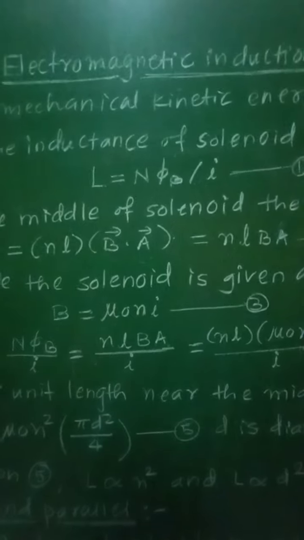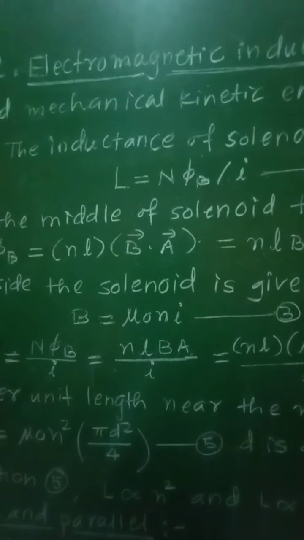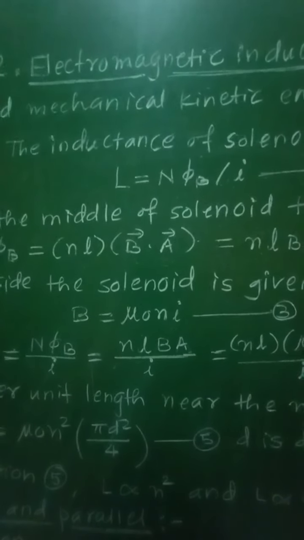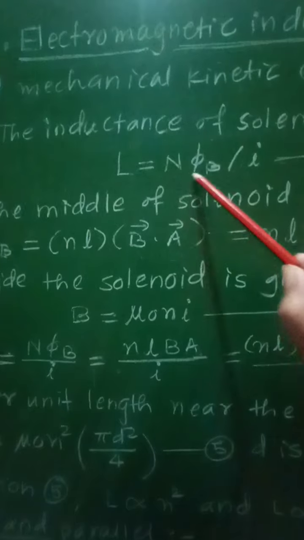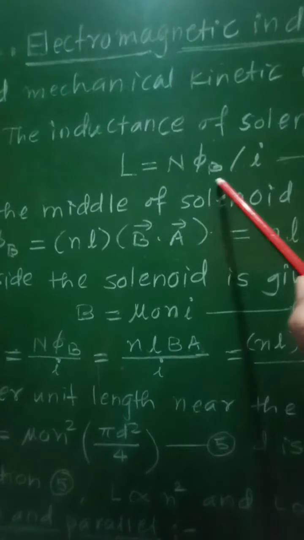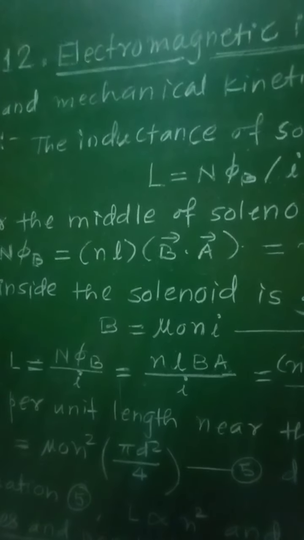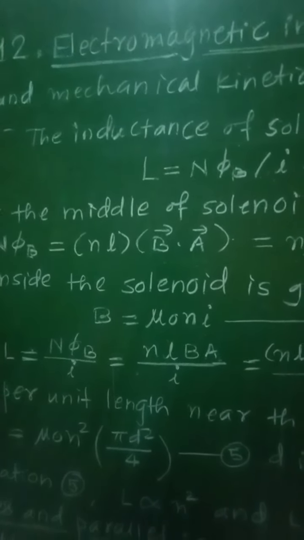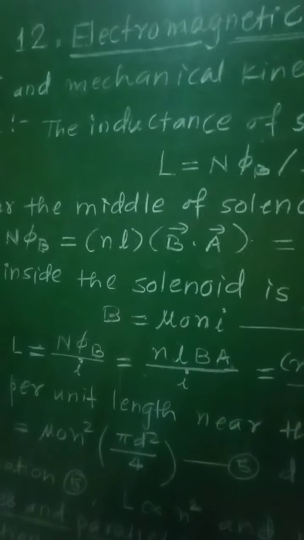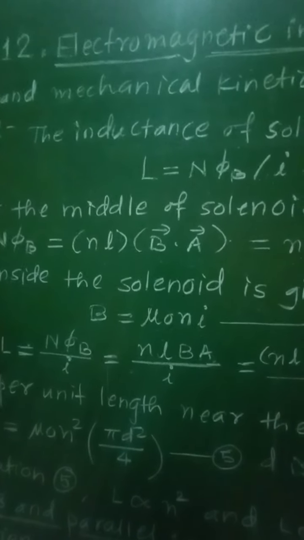In this case, capital N represents the total number of turns of the solenoid, and the term N phi B will be called the magnetic flux linkage.